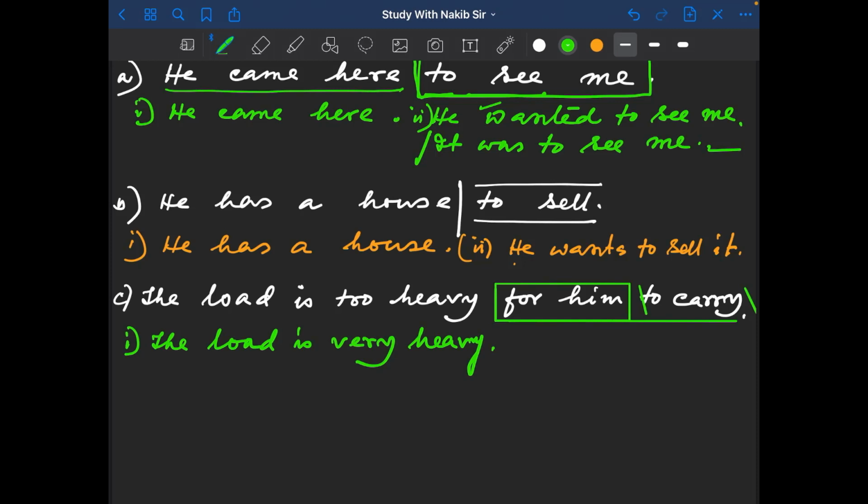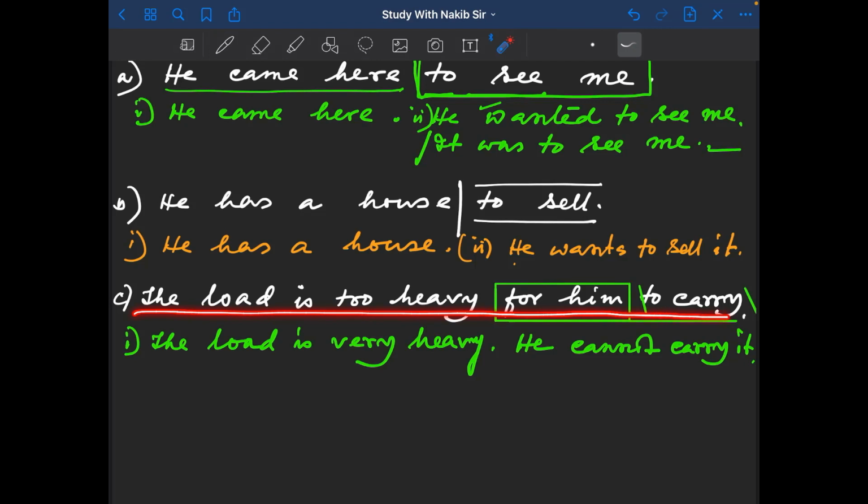Okay, and for him will become he cannot carry, he cannot carry it. Okay, so from this sentence, the load is too heavy for him to carry, you know, this was the example at the time of the joining of sentences you have seen.